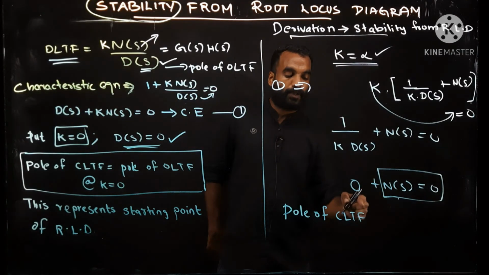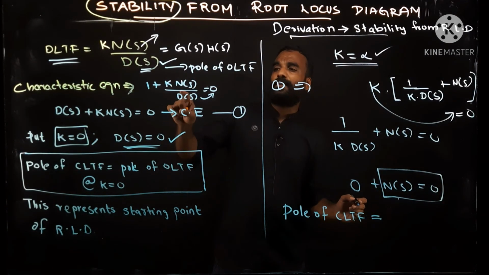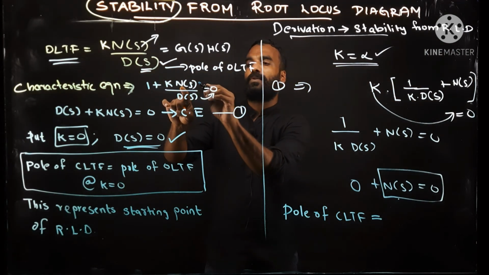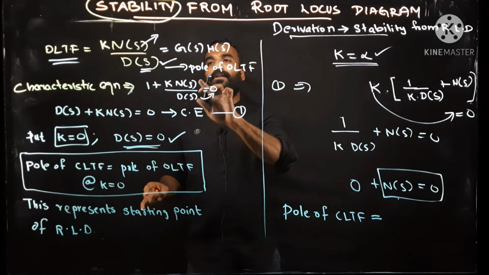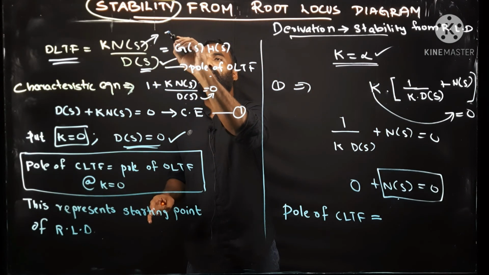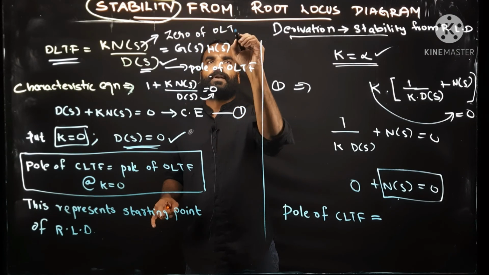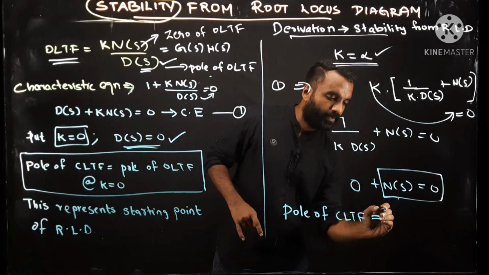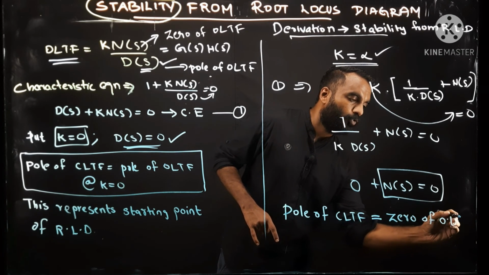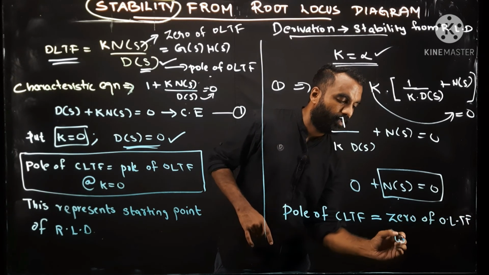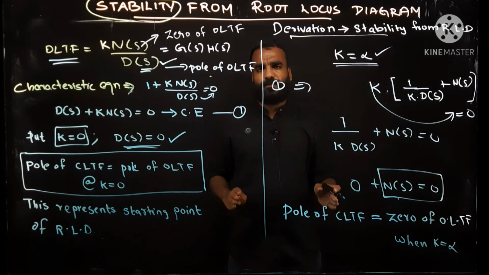The pole of the closed loop transfer function, N(s) equal to 0, is nothing but the numerator of the open loop transfer function, and that will give the zero of the open loop transfer function. So we can write it is equal to the zero of the open loop transfer function when K is equal to infinity. So it is well proved.